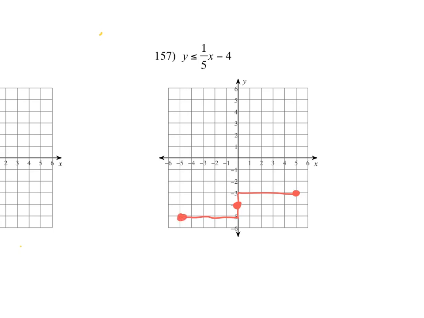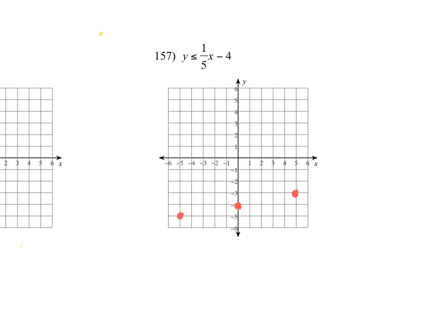So now I have those points, and I can actually get rid of the lines, and let's redraw that. So I start at -4, up 1 over 5, down 1 over to the left 5.